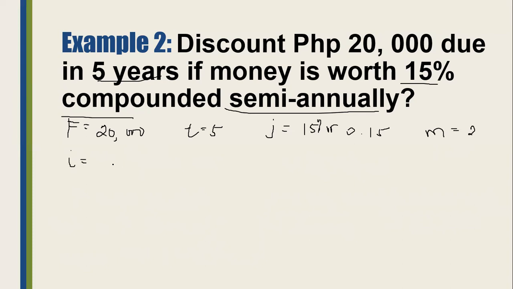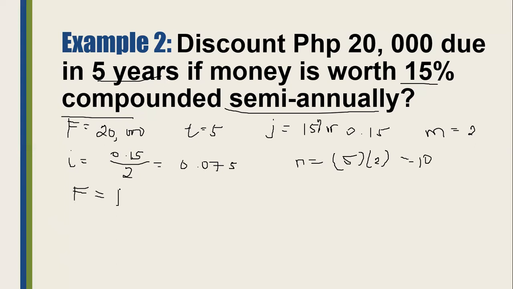J divided by M, J is 0.15, divided by 2, so we have 0.075. And T is 5, M is 2, 5 times 2, so we have 10.